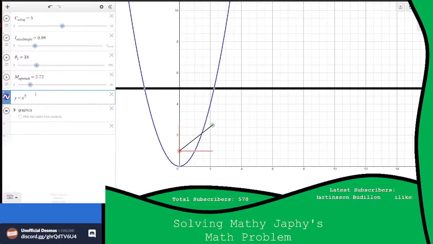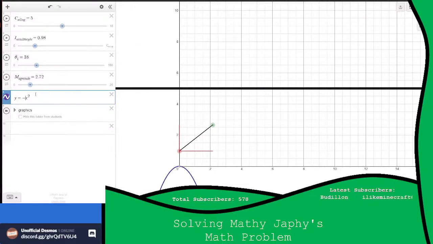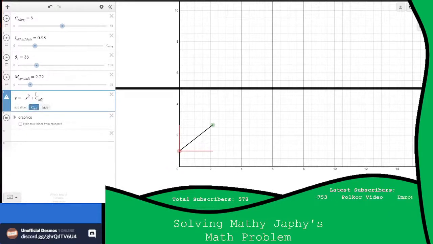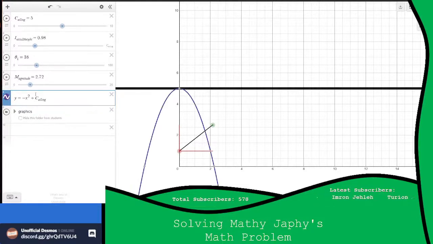x squared, ceiling. Can't spell ceiling. Okay, and then we have touch.